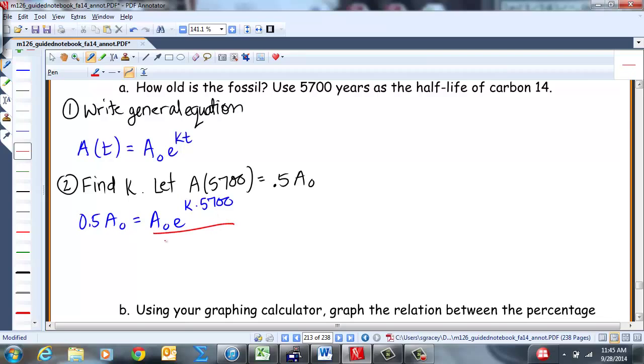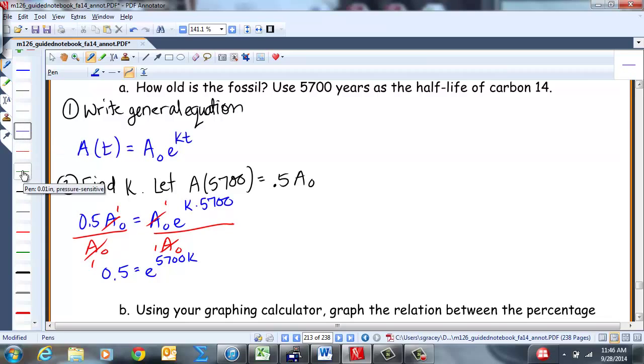You divide both sides by A0. We actually could have done that population problem like this, but since we had the initial population, we just multiplied by 2. So here you get 0.5 is equal to e to the 5,700 times k, because these divide out to be 1, as do these.